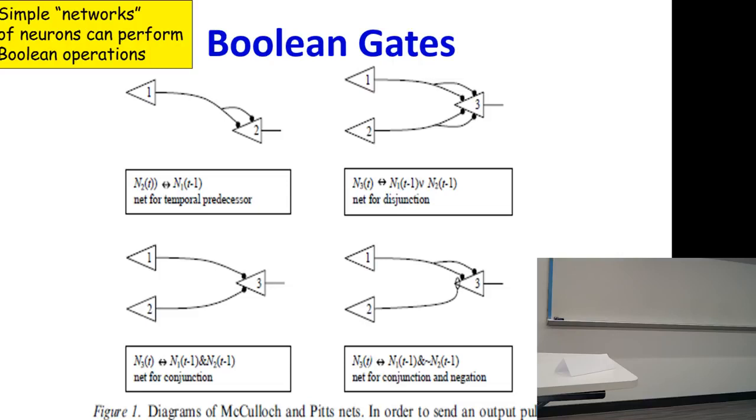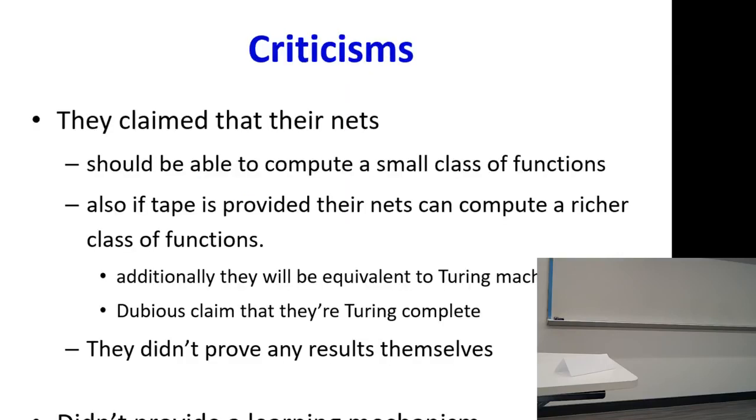So this is an AND. Here, if 1 fires, 3 will fire, but only if 2 is not active. So it's 1 and not 2, right? So you can perform all kinds of Boolean operations, which means you can perform some fairly complicated Boolean arithmetic. You can perform pretty much any kind of Boolean arithmetic with networks of these basic units.